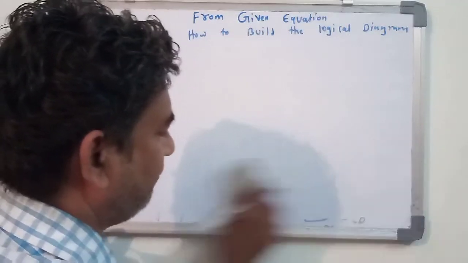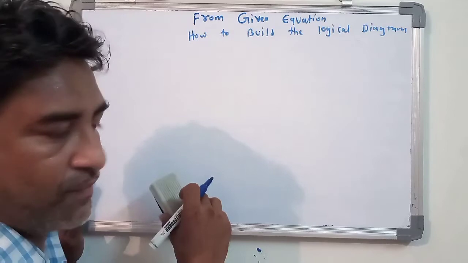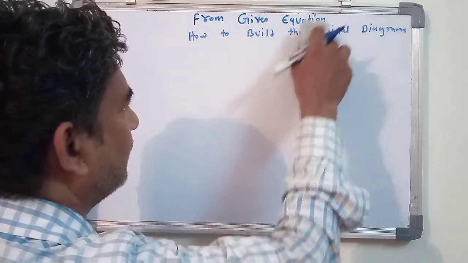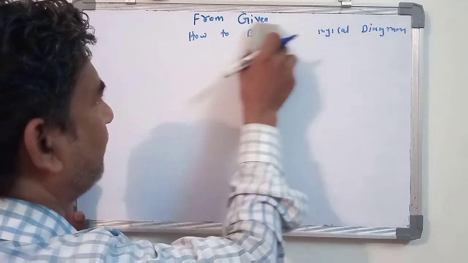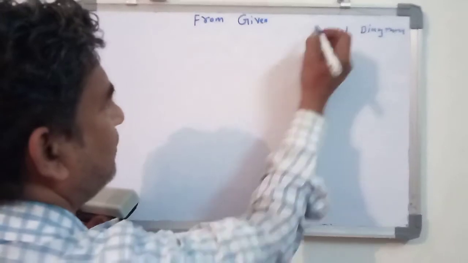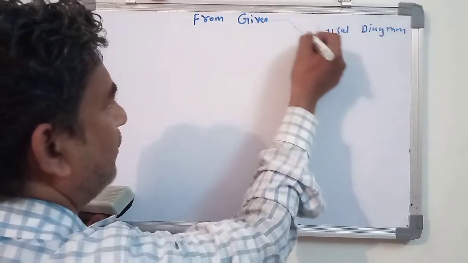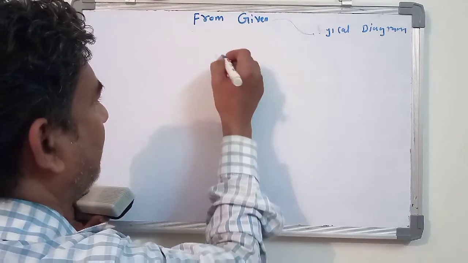So from the equation we have built the logical diagram. Now the second part of this one is, from the given logical diagram, write the equation.